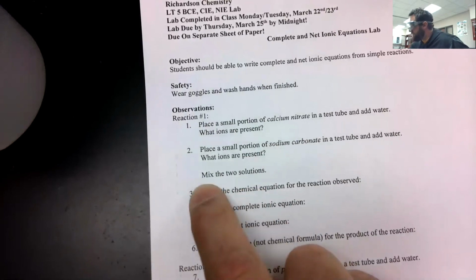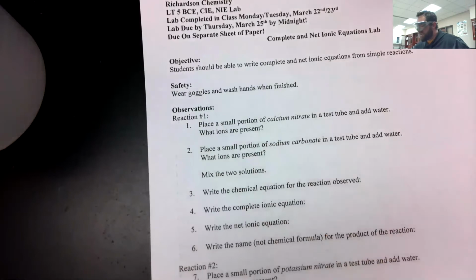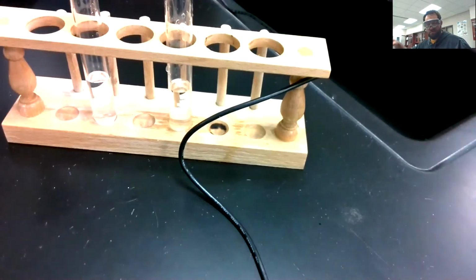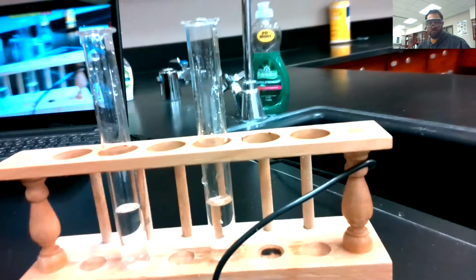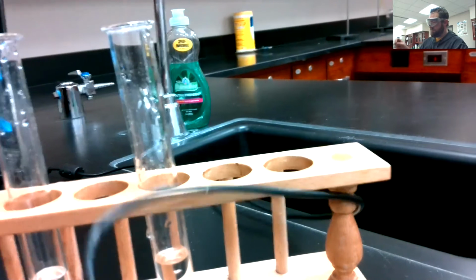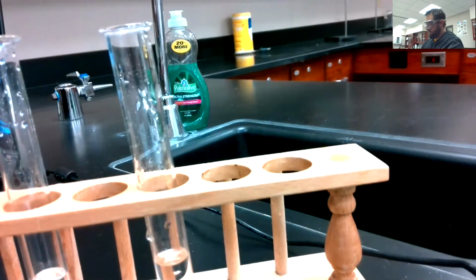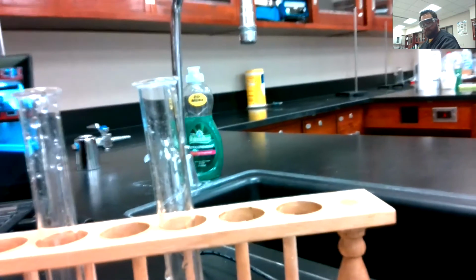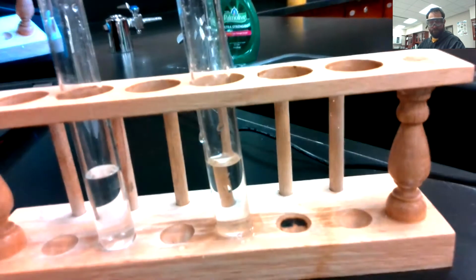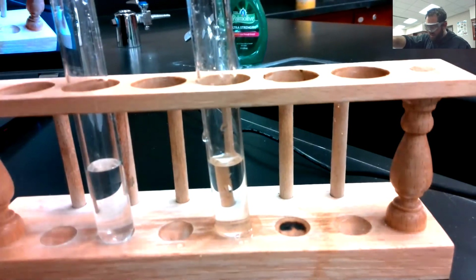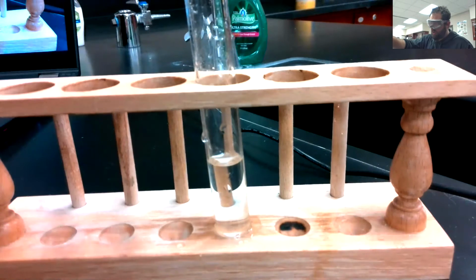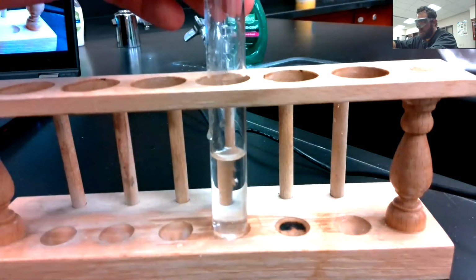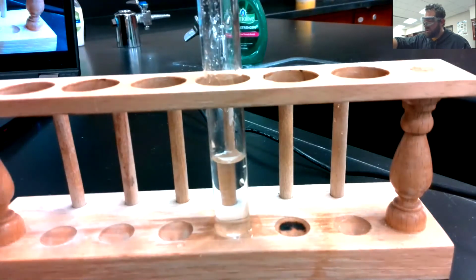Step 3 here, next part, we're going to mix the two solutions, which will pour one into the other. Here we go. I'm going to pour the solution of calcium carbonate into the solution of sodium nitrate.